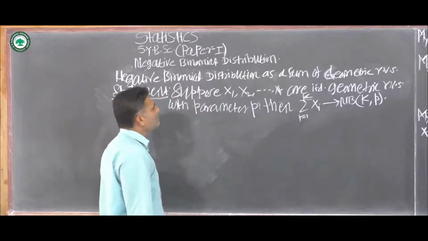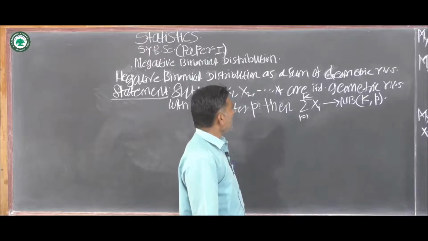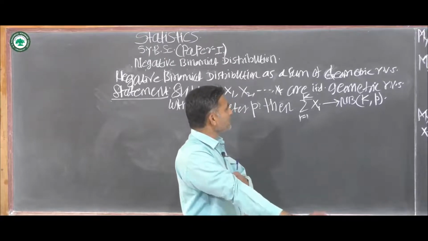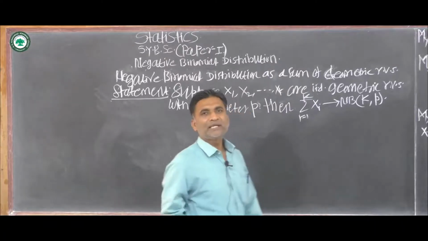That is, the sum of k independent IID geometric random variables follows the negative binomial distribution.